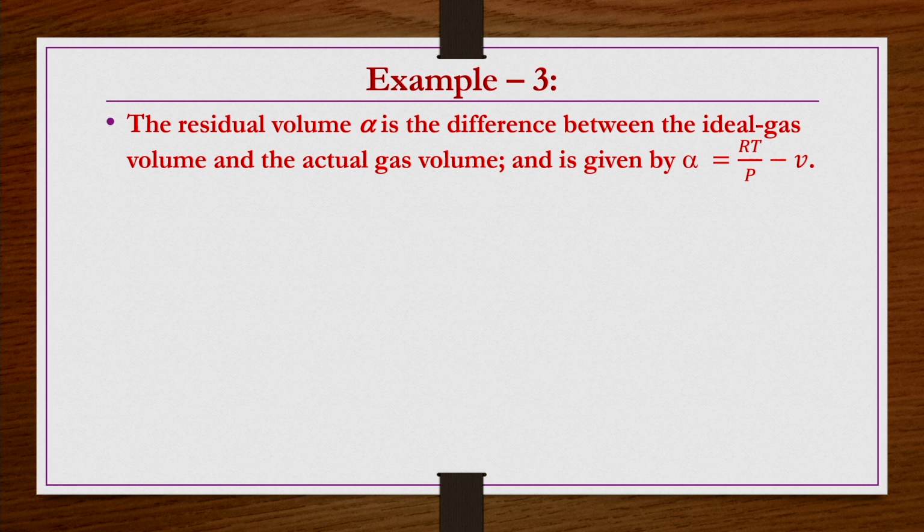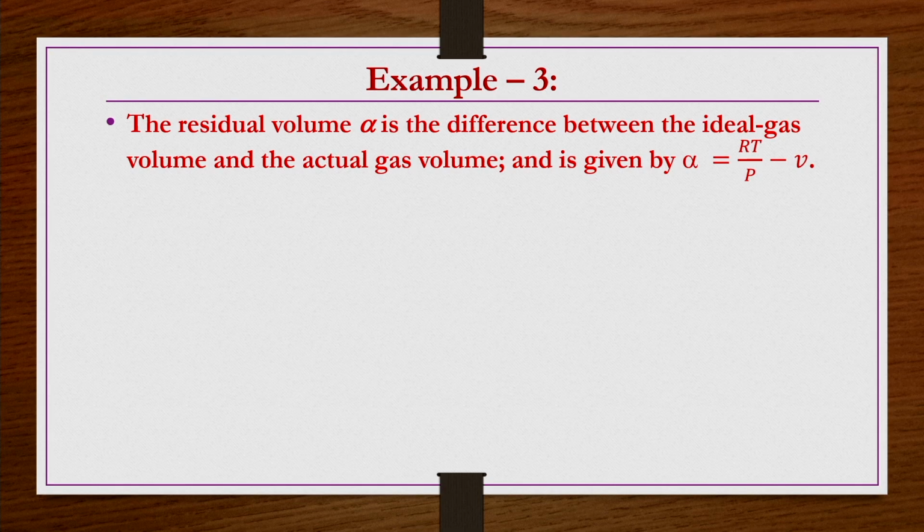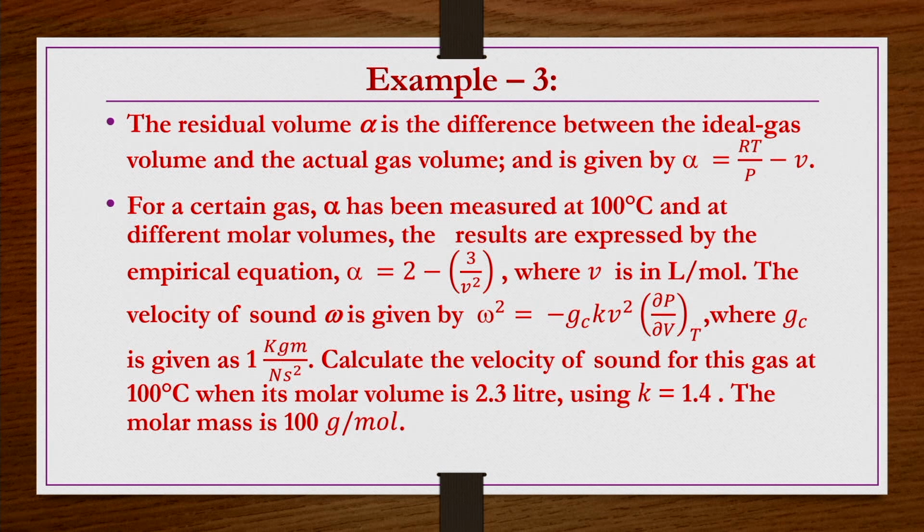Example number 3. The residual volume alpha is the difference between the ideal gas volume and the actual gas volume and is given by alpha equals RT/P minus V. For a certain gas, alpha has been measured at 100 degrees centigrade and at different molar volumes. The results are expressed by the empirical equation alpha equals 2 minus 3/V², where V is in liter per mole.